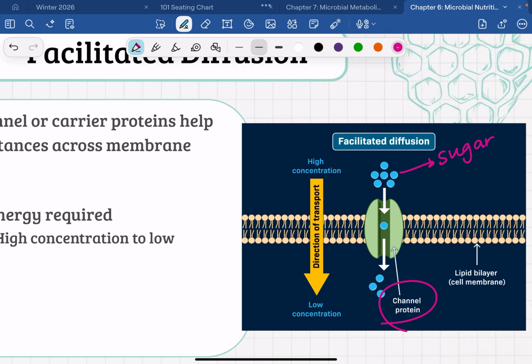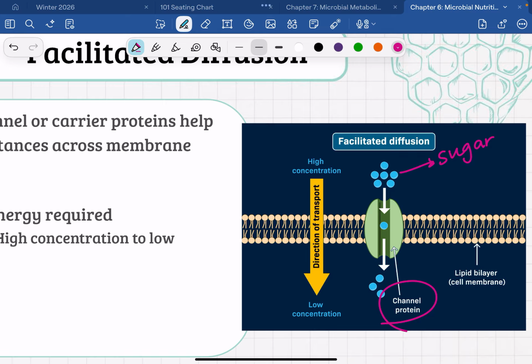So if a bacteria's major food source is lactose, it's going to have a lactose channel, because that is what it uses as its food source. There are bacteria that can consume iron, right? It's a heavy metal. They'll have iron channels, okay?